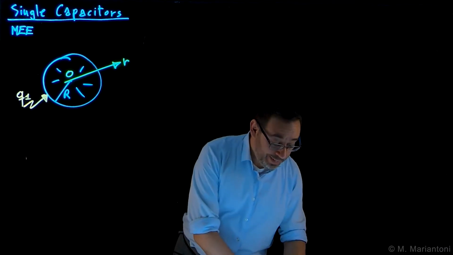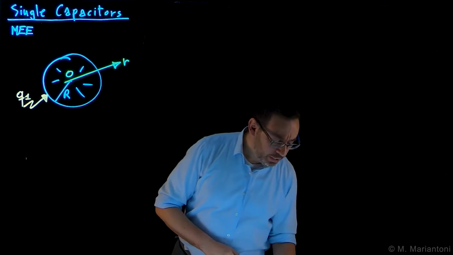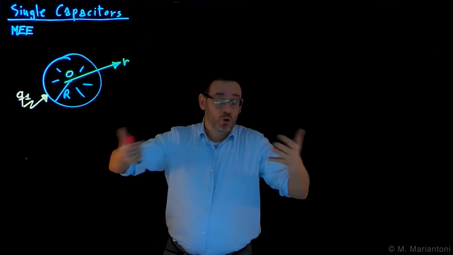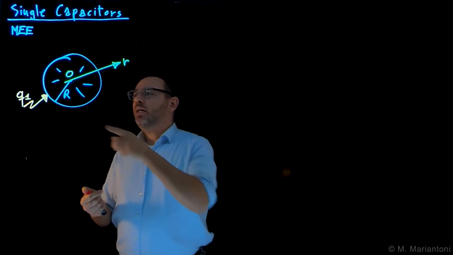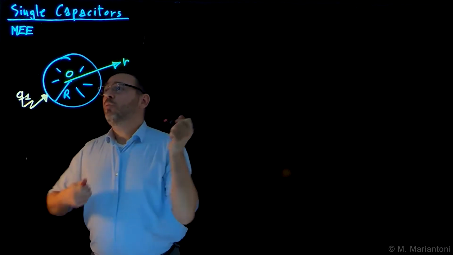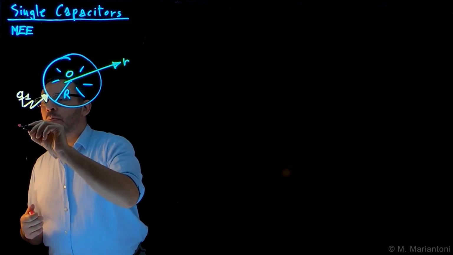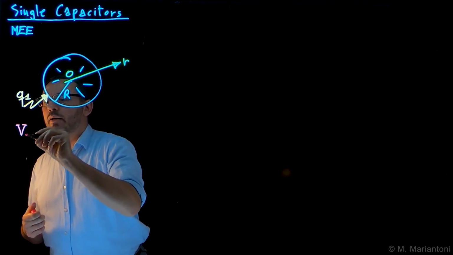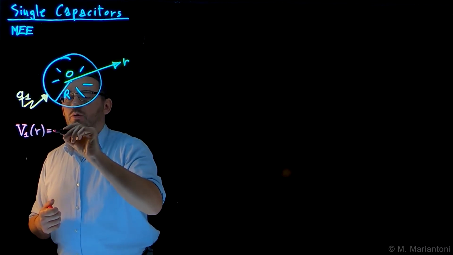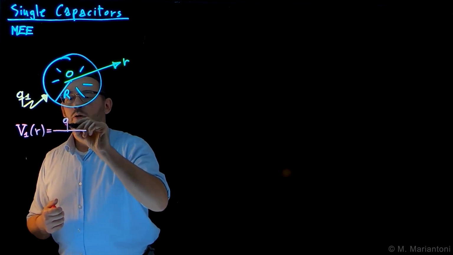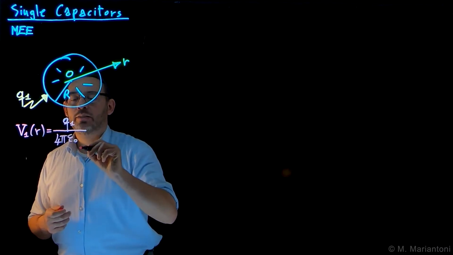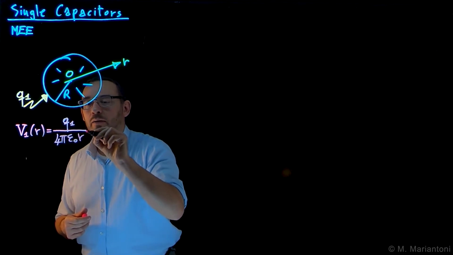Well, we know that outside the sphere, the electrostatic potential associated with this sphere will be of Coulombian type. So it's as if this charge were concentrated in the origin. And so we can write V1 at any point r in space, in this coordinate system, equal to Q1 divided by 4 pi epsilon naught small r.